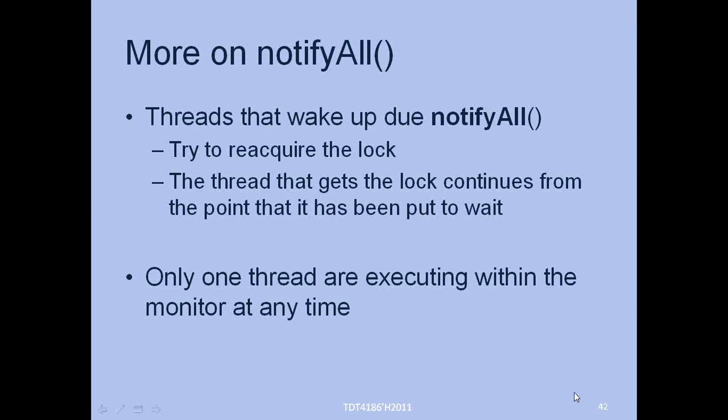When notify all happens, the threads that are waiting will try to reacquire the lock, and whichever thread gets the lock again will continue. But at any point of time, only one thread will be executing within the synchronized method, for instance.